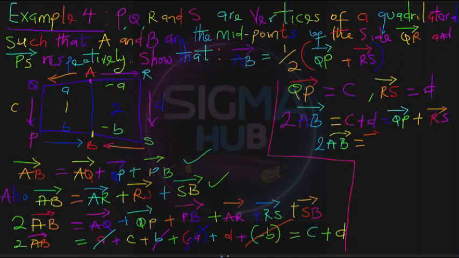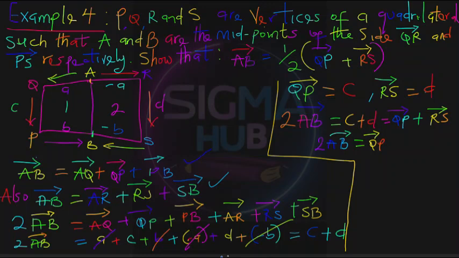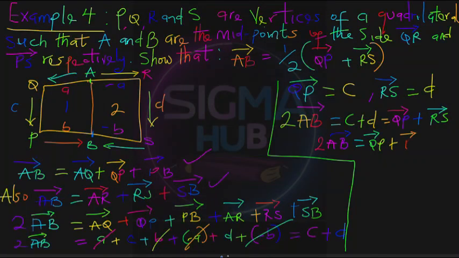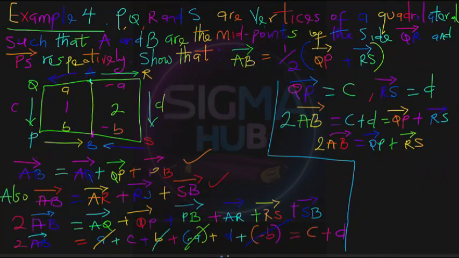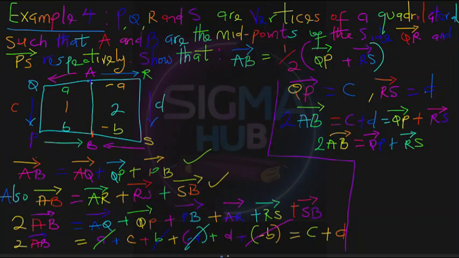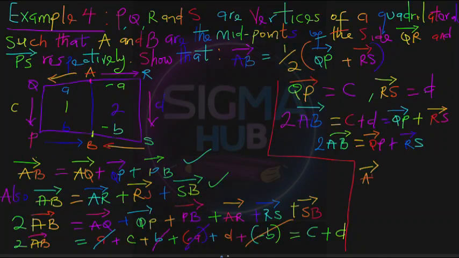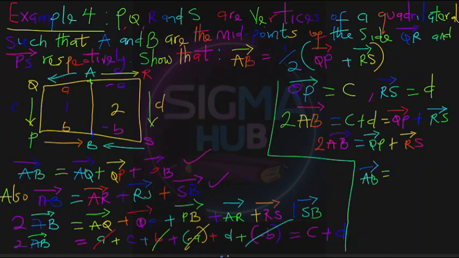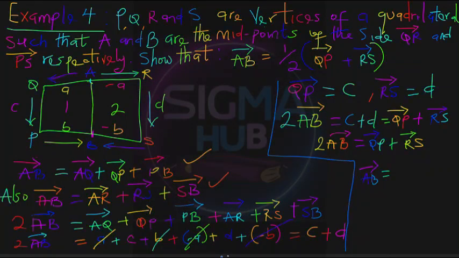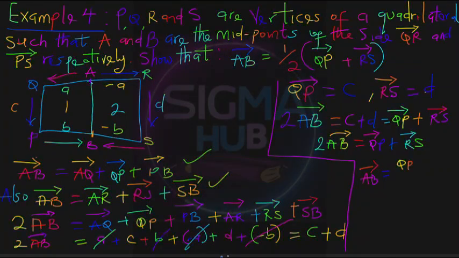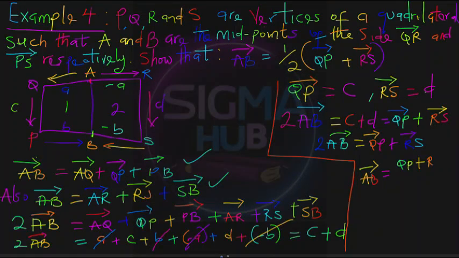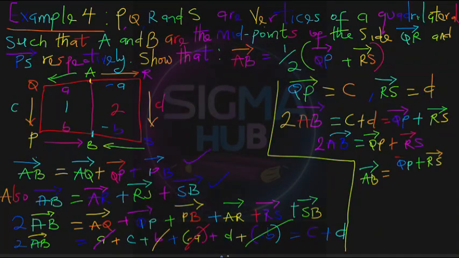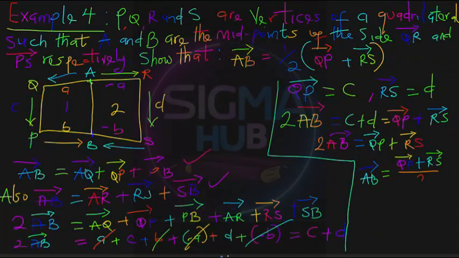So if 2AB is QP plus RS, then we can divide both sides by 2. Then AB is definitely going to be QP plus RS divided by 2.